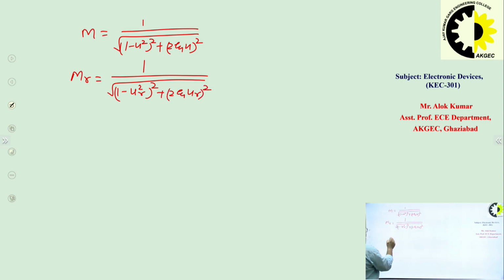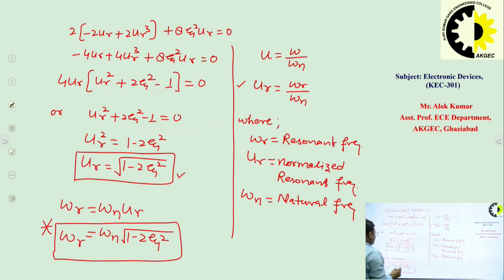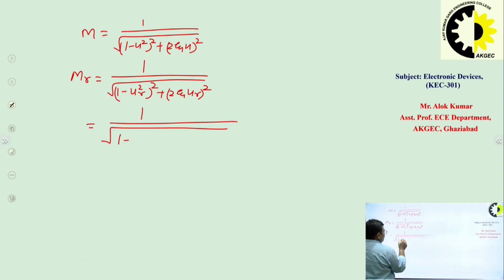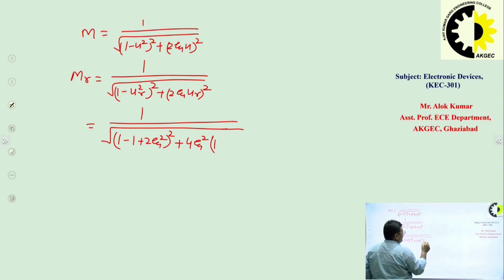So we can put the value of ur here. So 1 upon under root 1 minus ur square was 1 minus 2 zeta square. So I can write here 1 plus 2 zeta square whole square plus, if I open this, it will be 4 zeta square. Again, I can put the value of ur square, it will be 1 minus 2 zeta square.